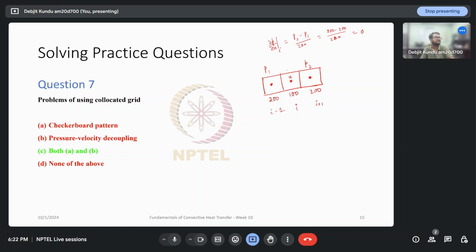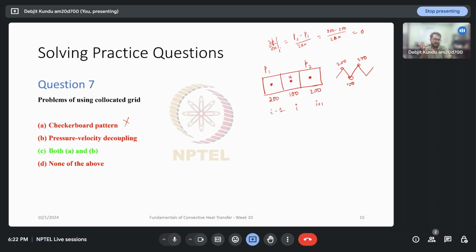This will be 0. So it would seem as if there is no pressure gradient here, but as you can see from the numbers, there is a wave-like pressure gradient here. It's 100 here and 200 in both of its neighbors. But using a collocated grid makes it blind to such pressure gradients. So if checkerboard patterns arise in either velocity or pressure, then a collocated grid is not able to handle it.